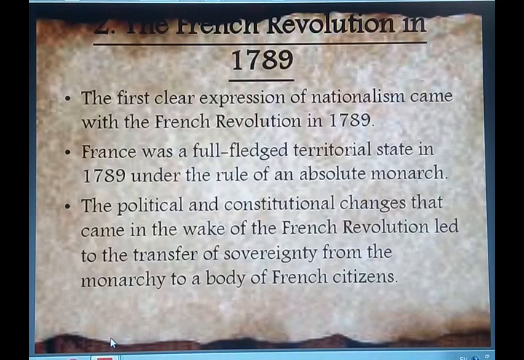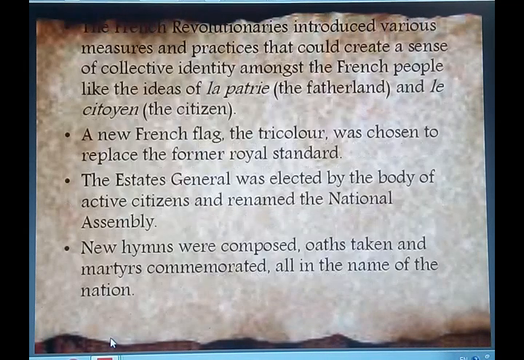A body of French citizens means a national assembly, a parliament. So we find political and constitutional changes were brought because of the French Revolution.